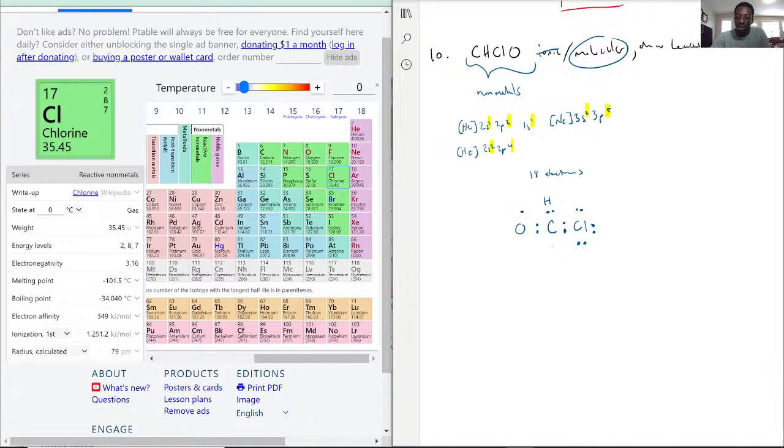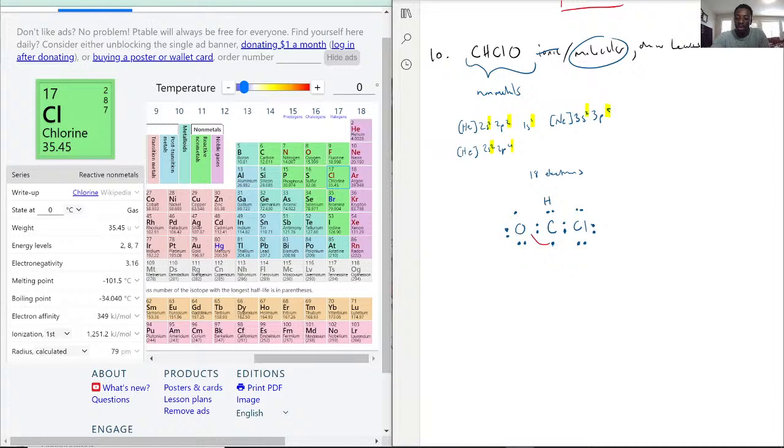So 2, 3, 4, 5, 6. And carbon is sharing 3 of its 4 right now, okay? So it's 3, 4.